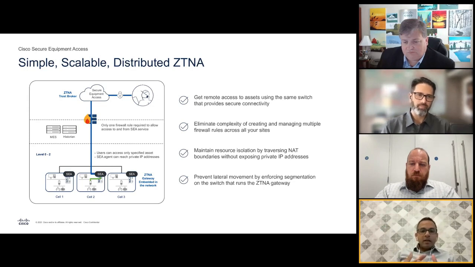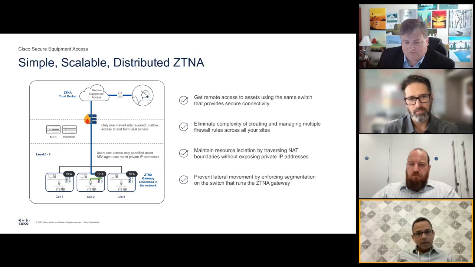And because the gateway is sitting on the network, and quite often these industrial switches, especially in the case of Cisco, also do network address translation, right? And so you're sitting below the NAT boundary. You're sitting below the zone-based firewall that you might be implementing to isolate these cells.